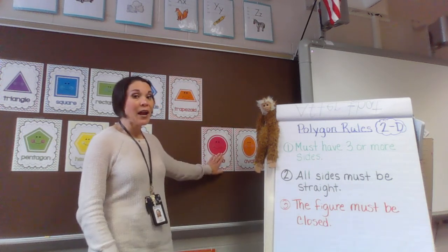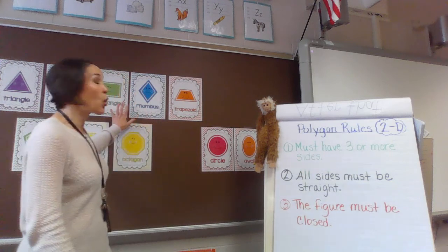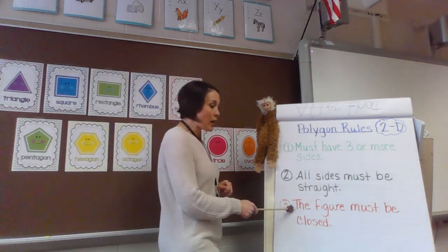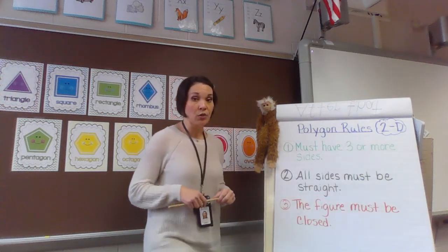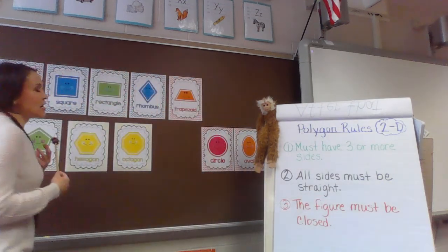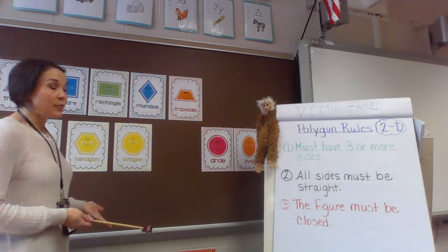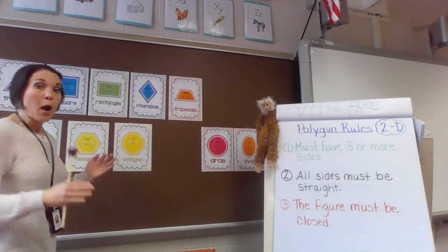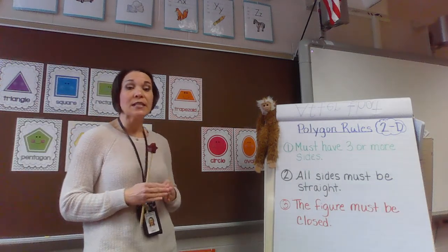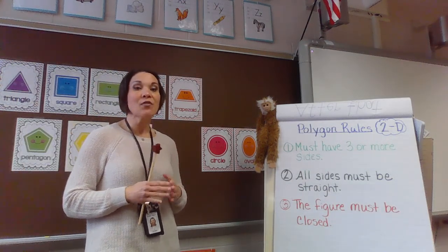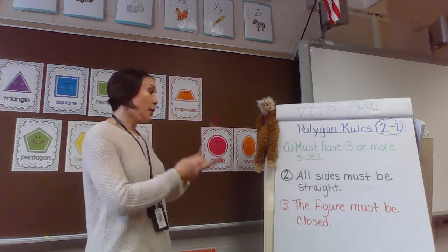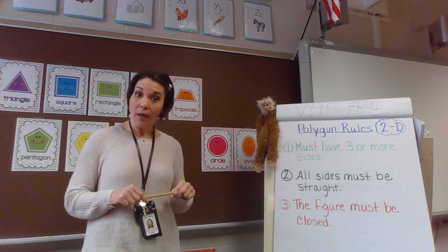Therefore, they cannot fit in the category of being a polygon. And the last rule: the figure must be closed. When you're looking at each one of your 2D shapes, each side, point, and corner must come together in some way. You can't have something that is left open. So that's another reason why a polygon is a polygon.